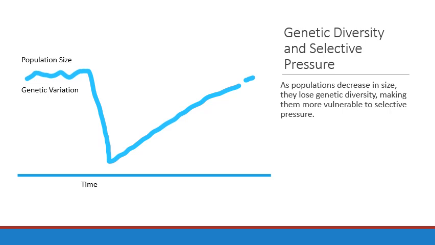A good example of this is the walrus. Walruses were hunted for their tusks because, ivory. When the walrus population got down to about 200 in the entire world, you've lost genetic diversity. You're down to a small inbreeding population.